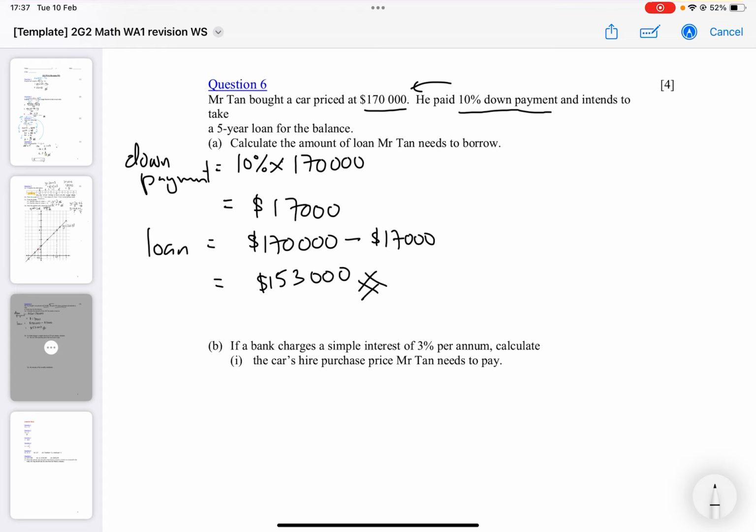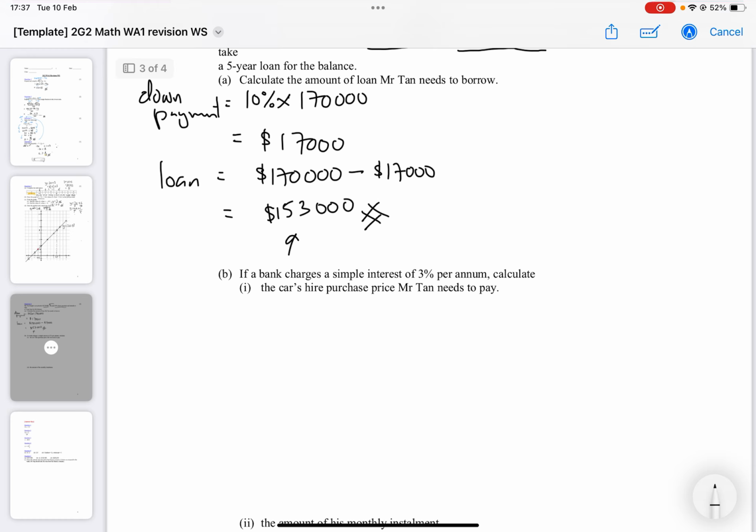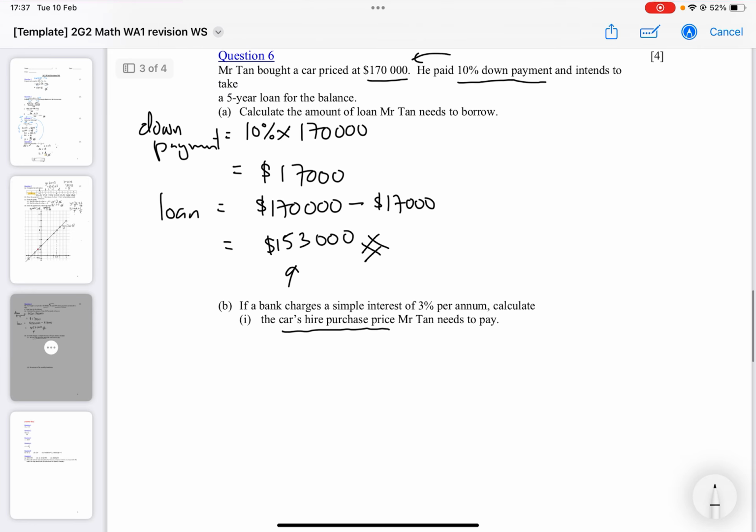Then this amount he borrows, the bank charges a simple interest of 3% per annum. When they ask for the car's hire purchase price, they are asking how much Mr. Tan pays altogether. He no longer just pays the 170,000.